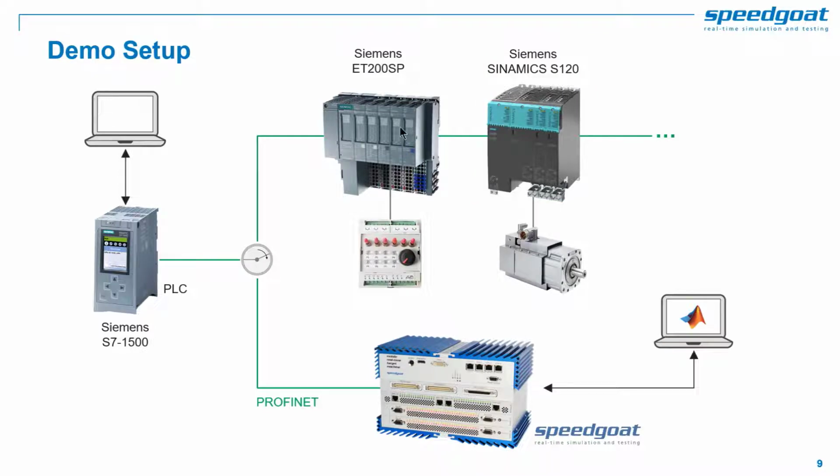This is for reading switch states and flashing some lights on this simple control box. I will show how easy you can make the SpeedGoat real-time target machine emulating the PROFINET interfaces of both devices. I will also highlight how to configure the Simulink model and finally how to interact with the target and how to monitor signals.